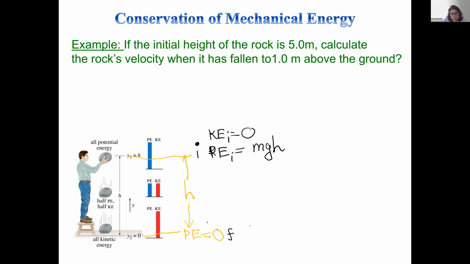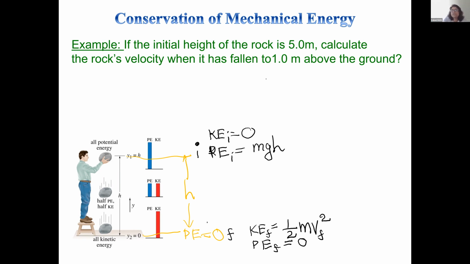Now at the final position, the final kinetic energy will be half the mass of the object times v final squared, which I need to find. I don't know it yet, but the potential energy at this point we already defined as 0, so it will be equal to 0, right?